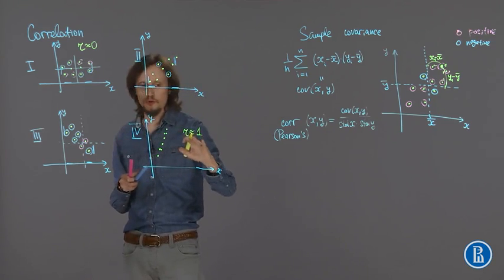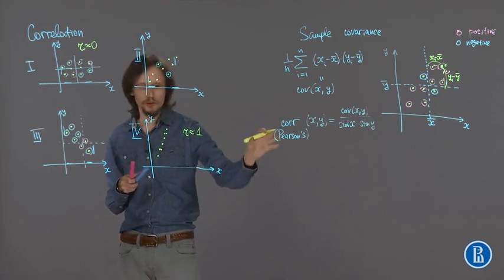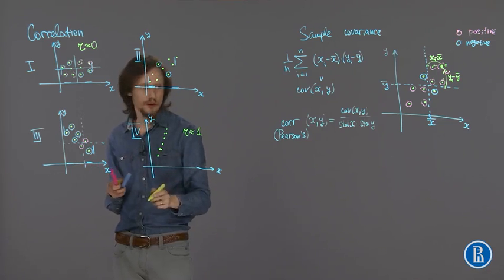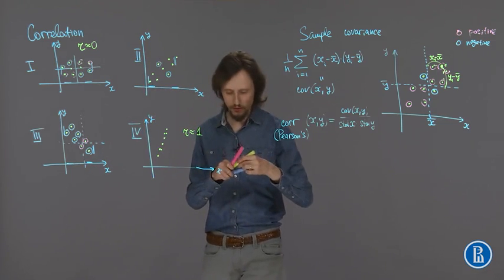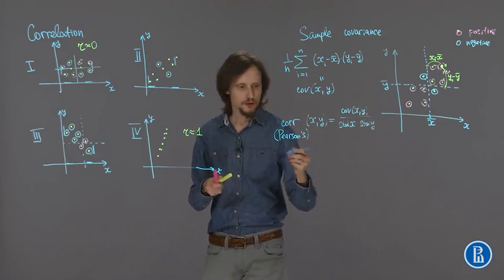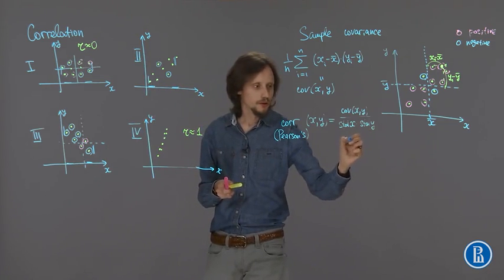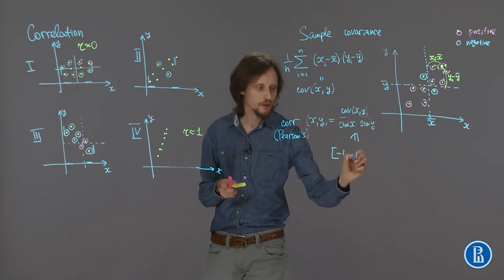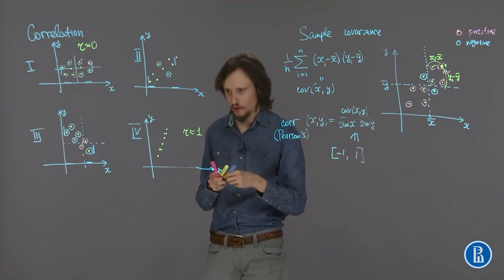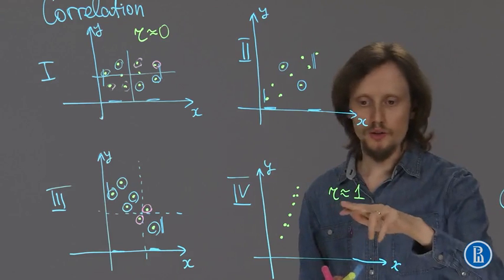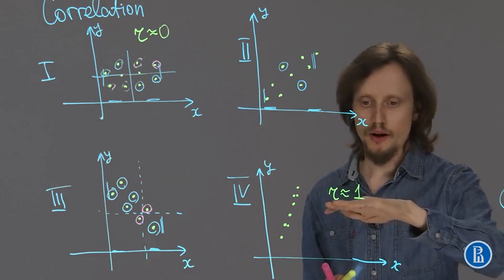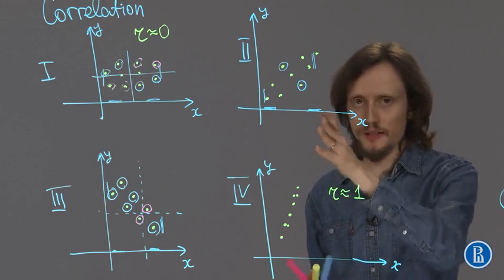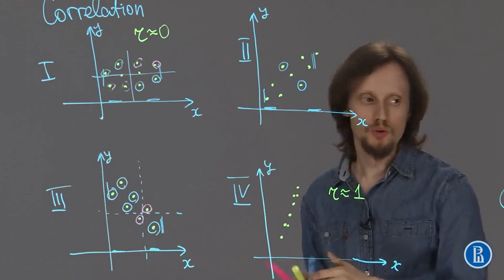But it is not more than 1, because Pearson's correlation is from -1 to 1. So this value lies in the segment from -1 to 1. And the value when r equals 1 exactly means that we have exact linear relation between two variables.